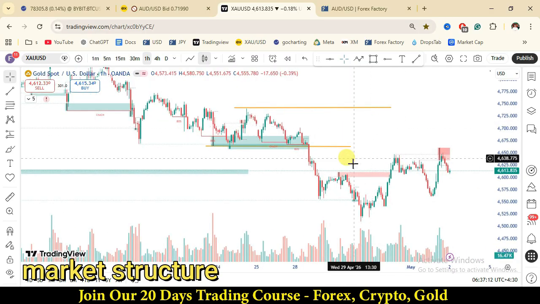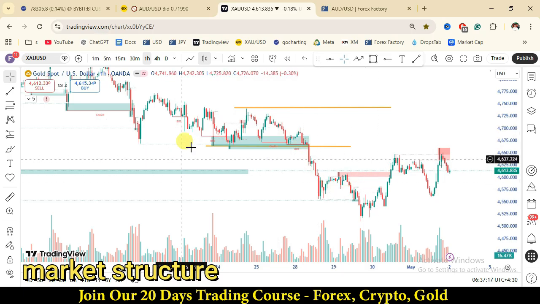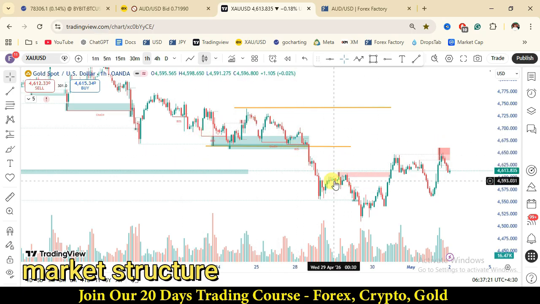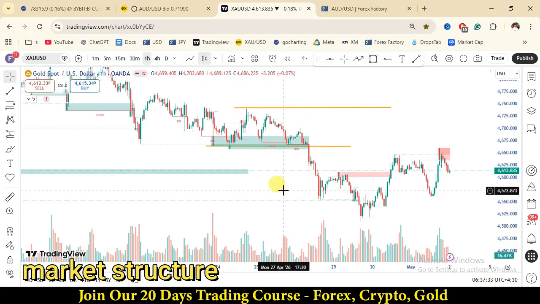So this is the way you have to understand the break of structure, change of character, and market structure: where it's going upside, where it's going downside. This is the first rule you have to understand for market structure.